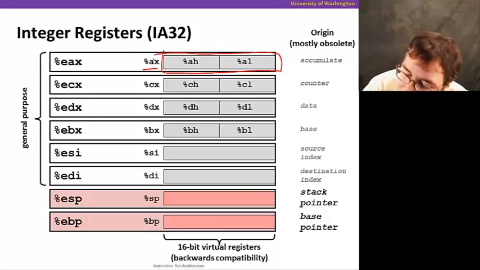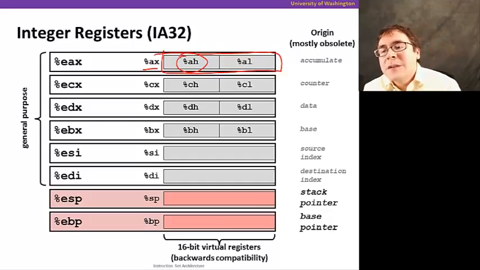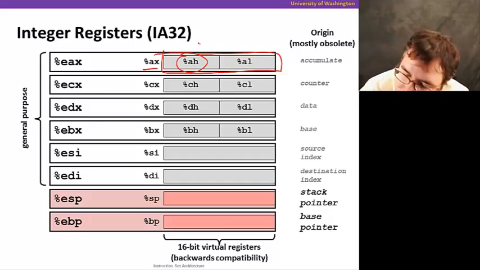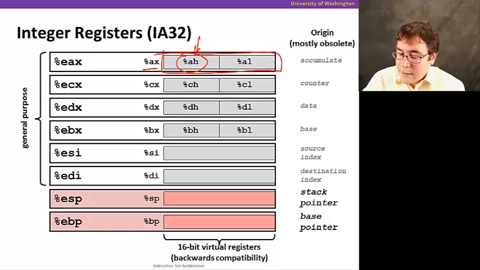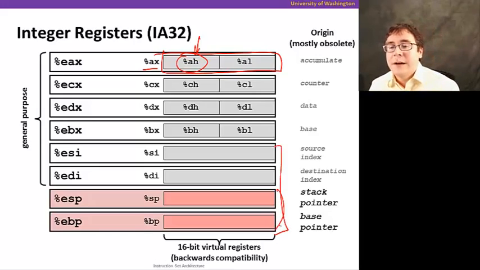And even more, you can reference only a specific byte. If you use the name %AH in your assembly code, you're just referring to this byte of the EAX register. The same thing applies to the other registers as well, except that for some of these registers you can only access the half word, or half register.